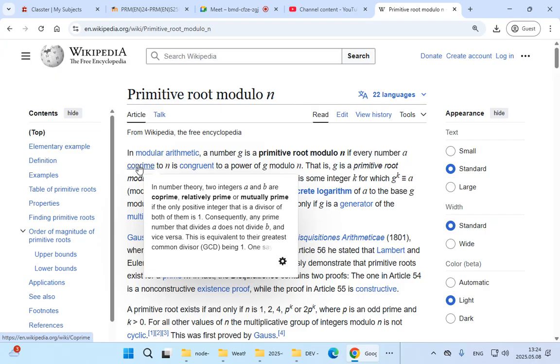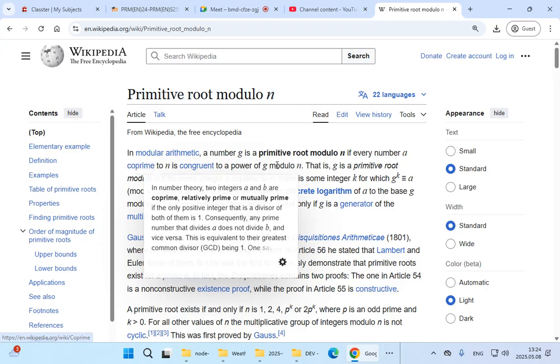For example, if you have 15 and 5, and 15 and 12, there is a divisor 3, and then they are not mutually prime. But if you take two numbers, for example 2 and 5, they are mutually prime because they don't have common divisors.